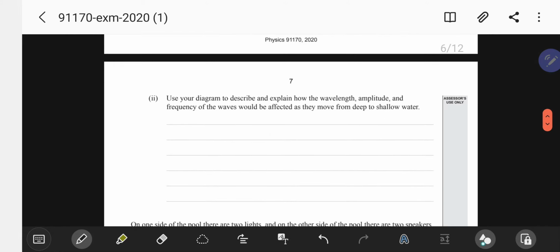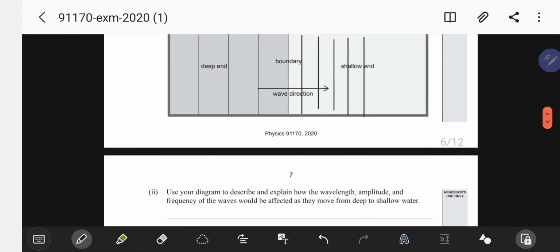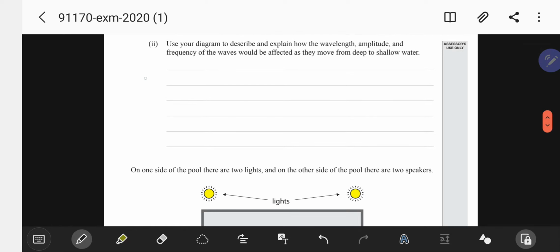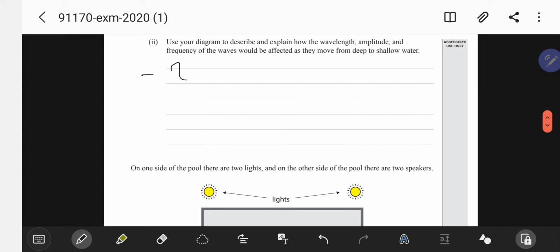Anyway, use your diagram to describe and explain how the wavelength, amplitude, and frequency change. Okay, so this one I'm not too sure about, but I'll just say what I think it is. So wavelength decreases and amplitude increases.